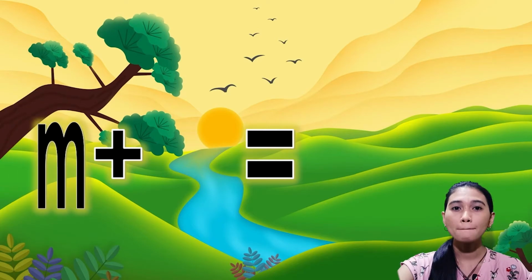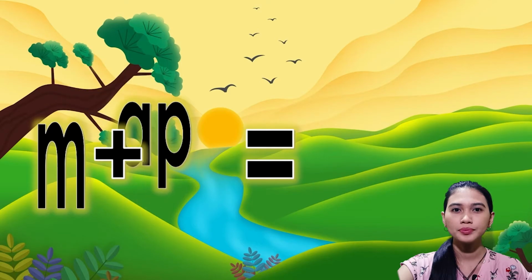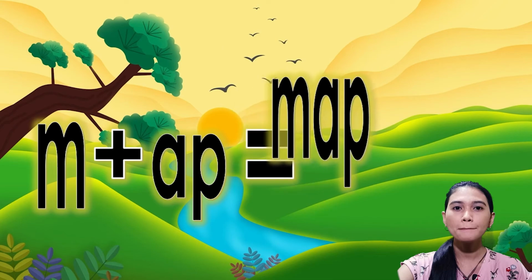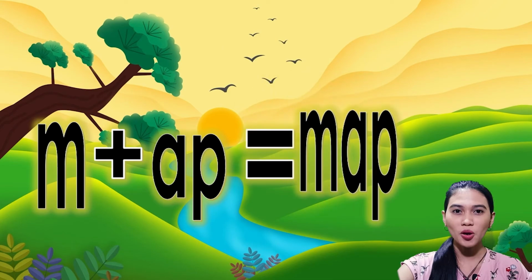M, m. Ap. Map. Correct. Read the word again. Map.